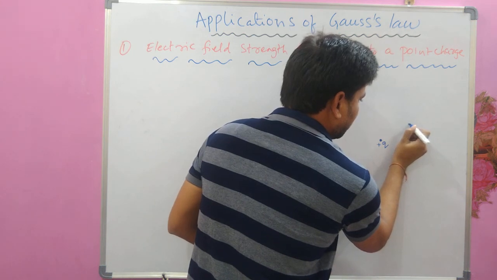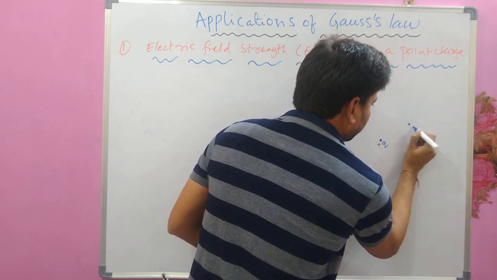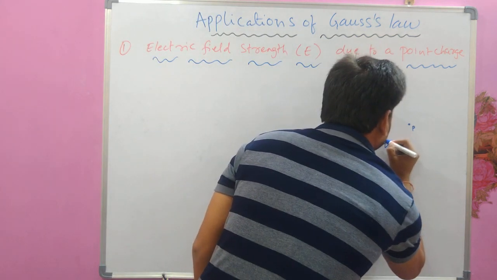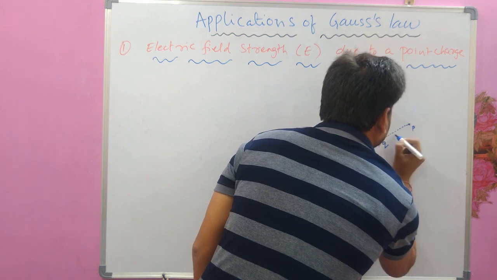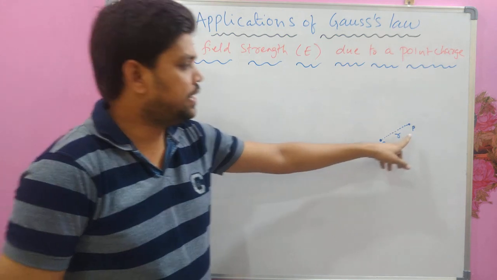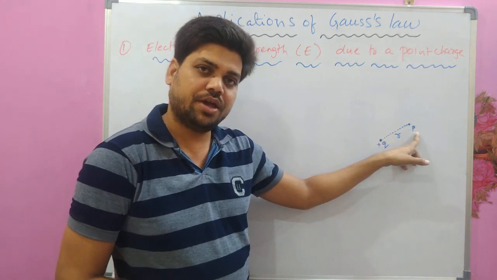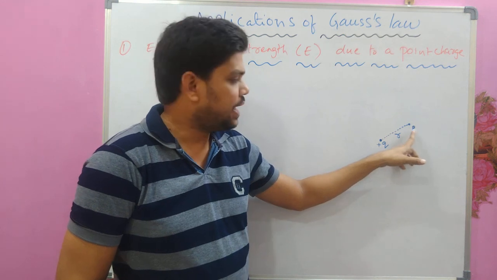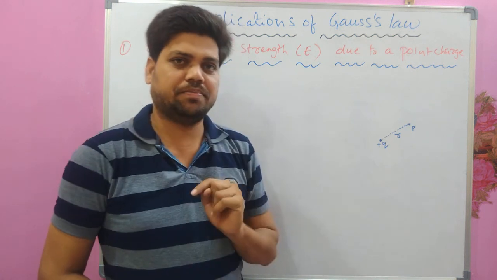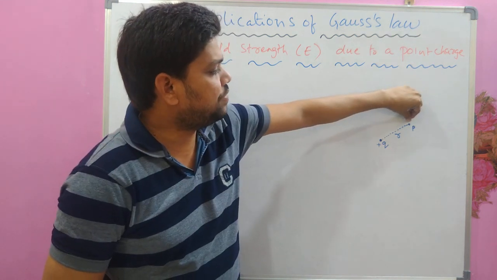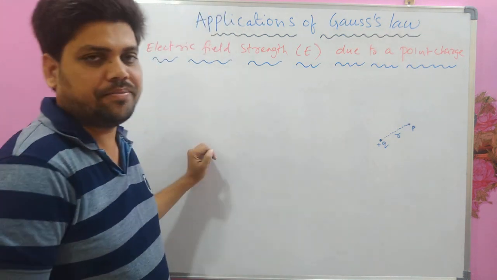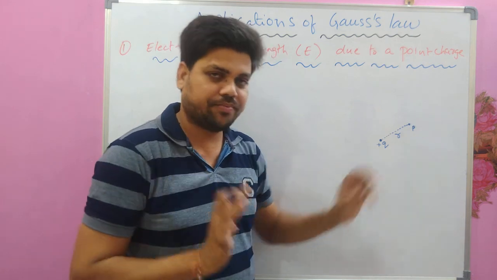Point P is taken here at a distance of small r from the charged body. That means you are finding electric field at this point P. First step is completed. Identification of point is over.